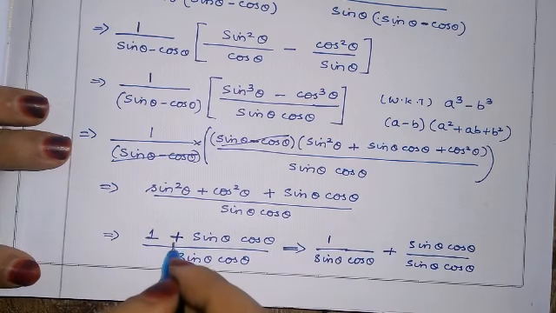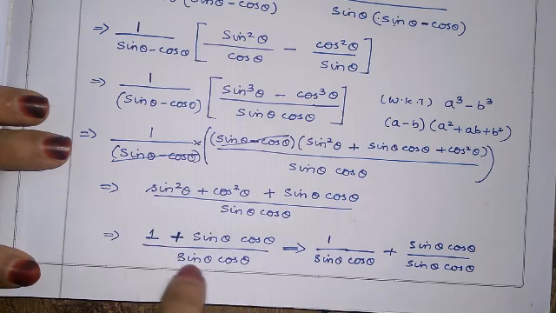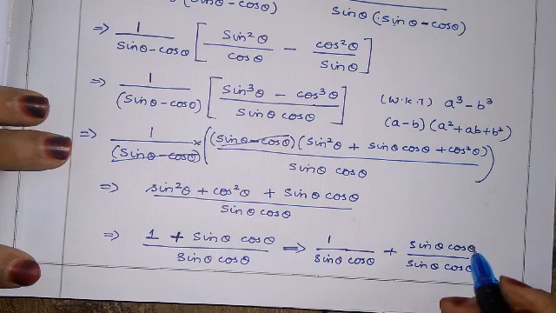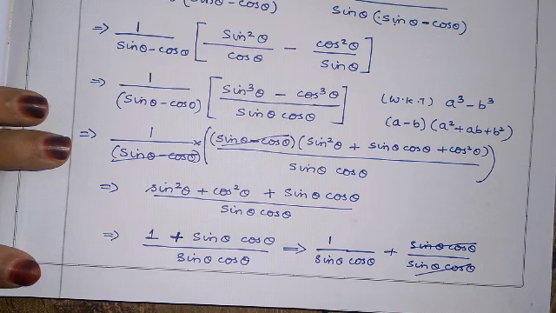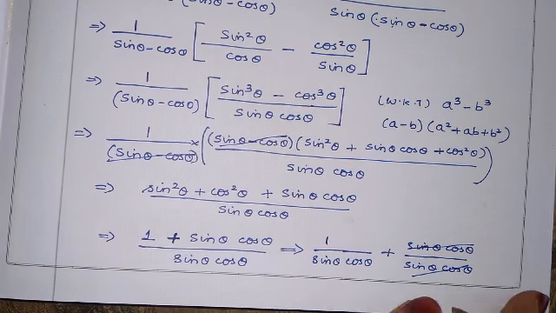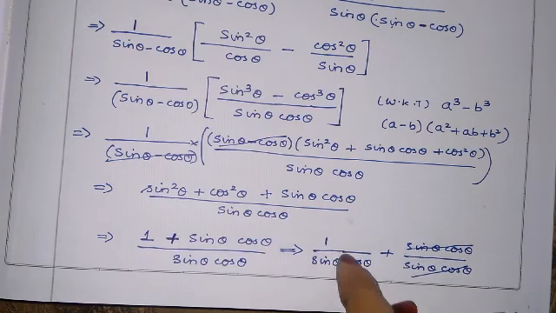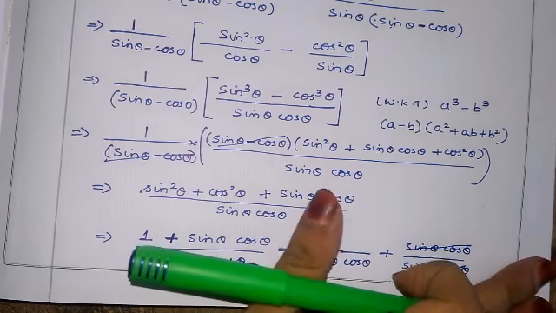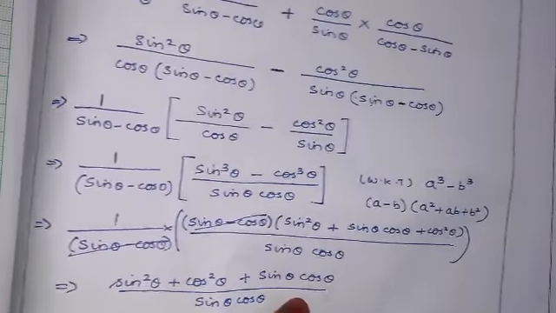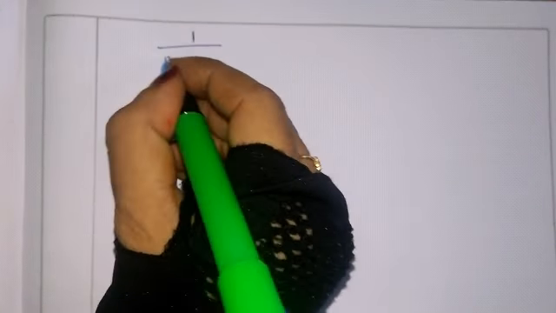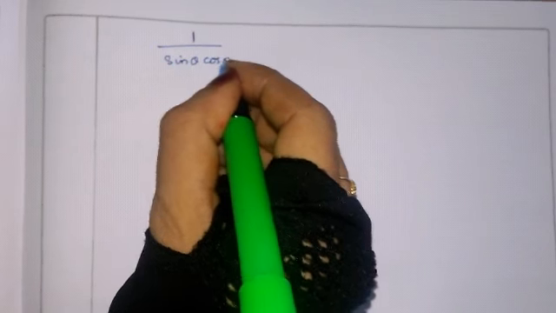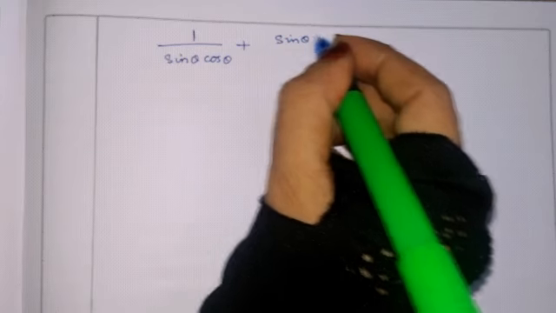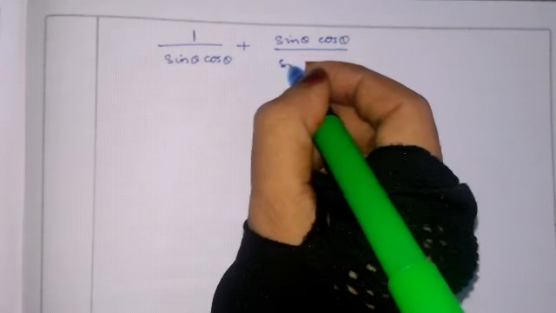What I have done here is separate this plus. 1 upon sin theta cos theta, plus sin theta cos theta upon sin theta cos theta.